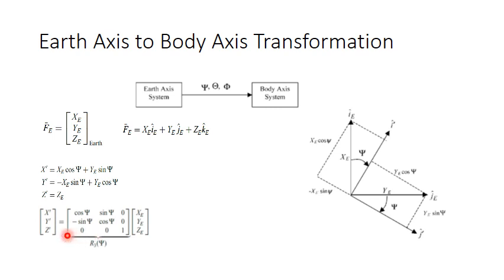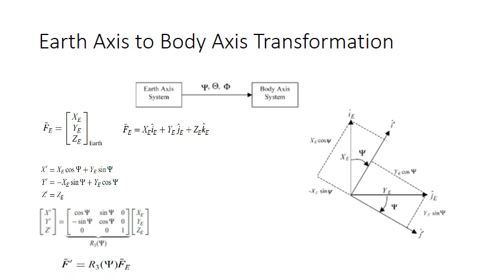So we will call this matrix the rotation matrix about the third axis with angle psi. It means that the intermediate vector f dash equals the rotation matrix R, which is a function of the angle psi, times the old vector f earth, which was represented in the initial Earth axis system.